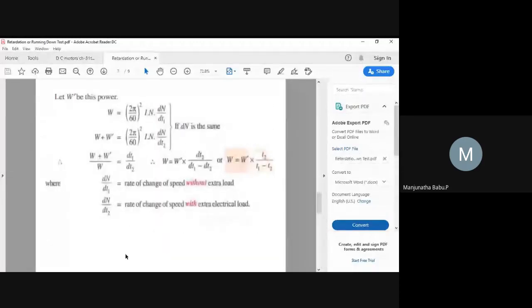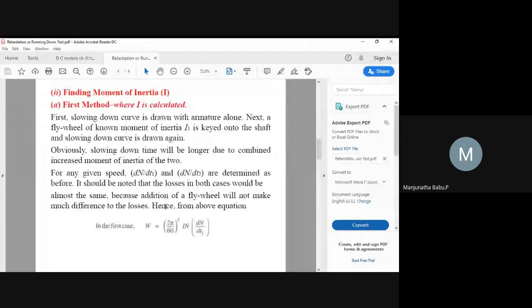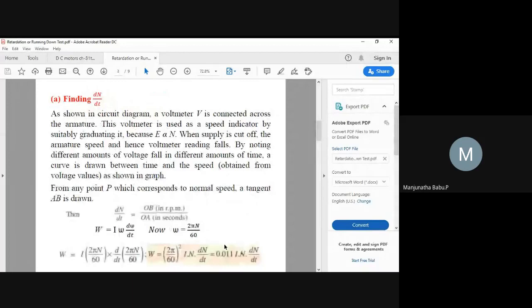First you write W is equal to 2 pi by 60 whole square into I into dN by dt. It is the rotational loss equation.